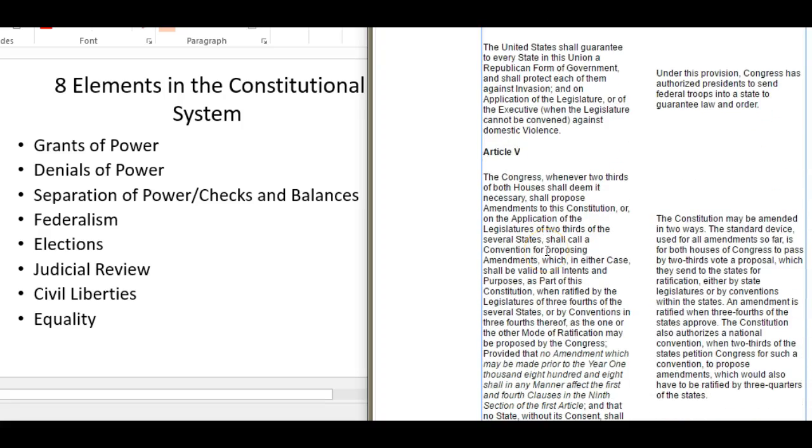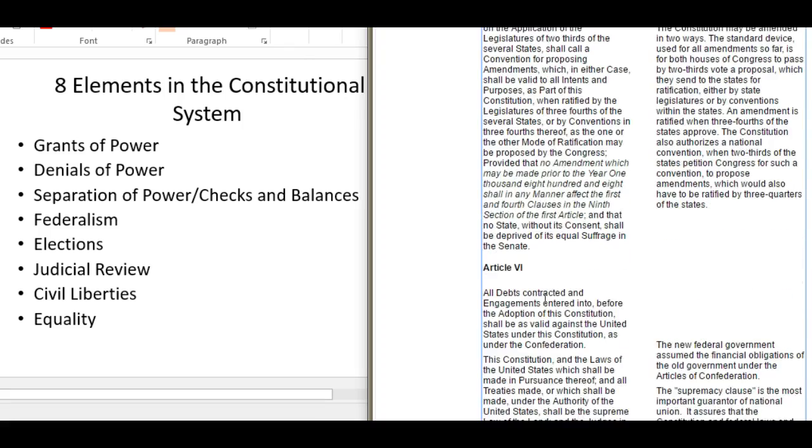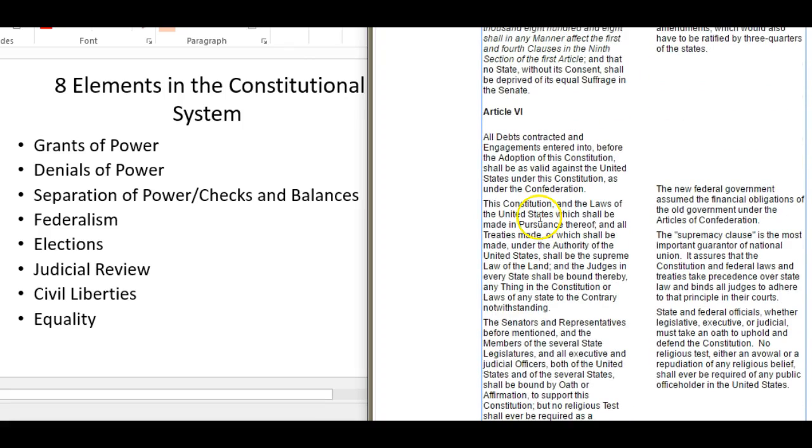And Article 5 is about the amendment process, right? Article 6, this deals with Revolutionary War debt, so it's not relevant now.